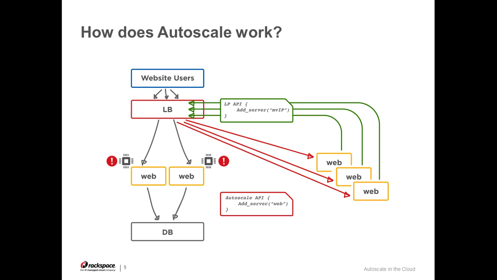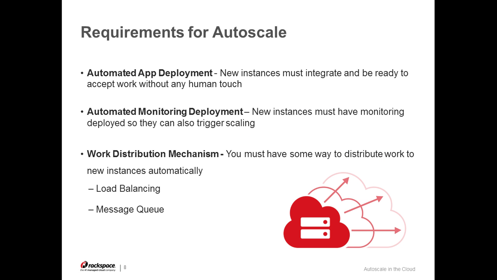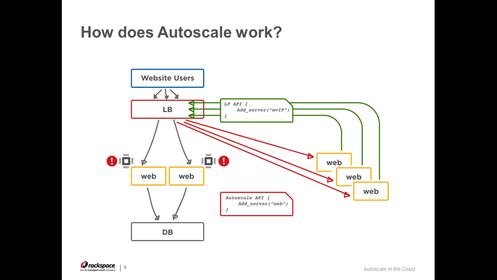And then the last very important component is a work distribution mechanism. Right. So again, if we look at our example, it's the load balancer. For the vast majority of cases, you will have this already, right? Most people these days have load balancers that sit in front of their web tier that distribute work, but that may not always be the case. You may have tiers in your application components that aren't web servers that you want to scale.